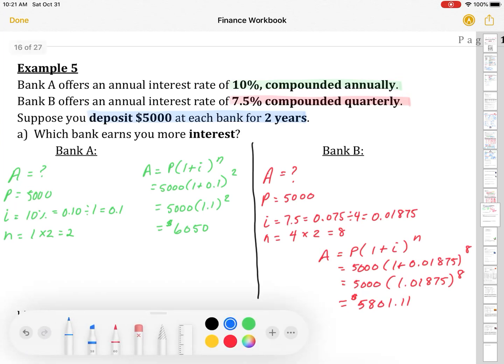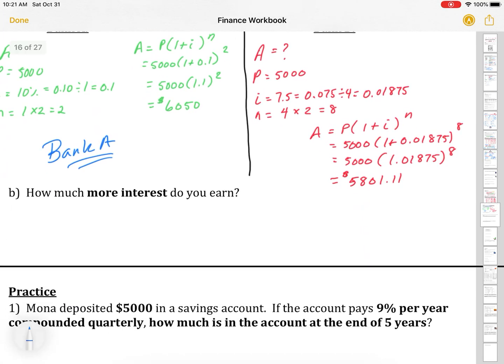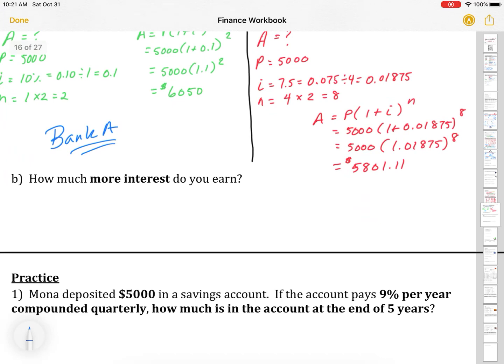So after all this, Bank A earned you more. Now it says, how much more interest do you earn? Well, you just take the 6,050 and you subtract the 5,801.11, and that's going to tell you the difference. So with Bank A, you earn $248.89 more.